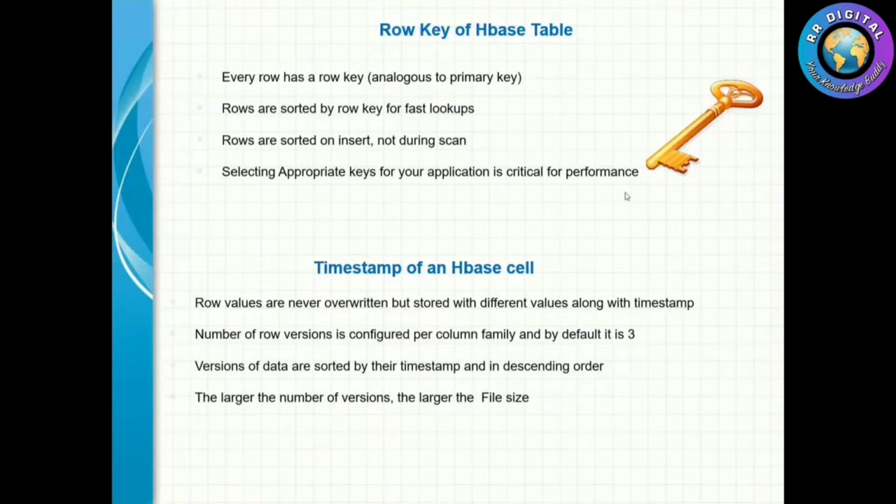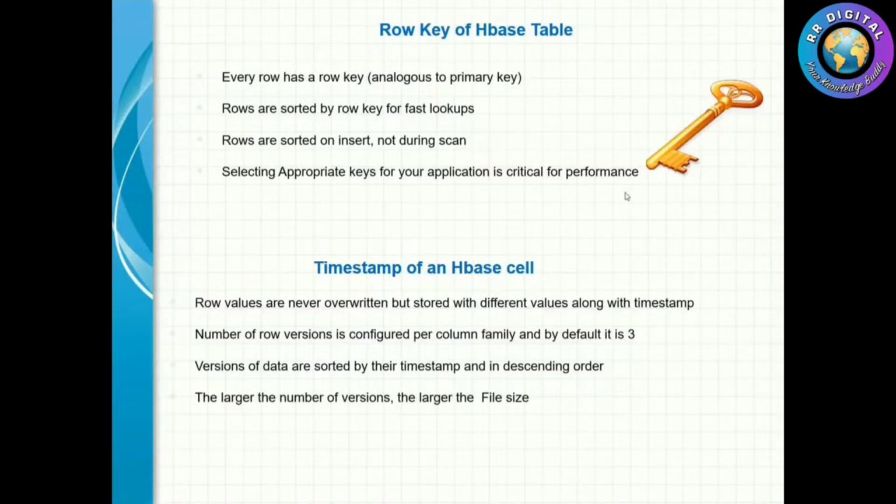Okay, so based on key, if you retrieve, it will give good performance because in an HBase backend, your data will be stored in key value pair format. And the timestamp of an HBase cell. So about timestamp, we discussed, right? Whenever you are trying to insert a record in a table, that timestamp column, your HBase framework will take care of.